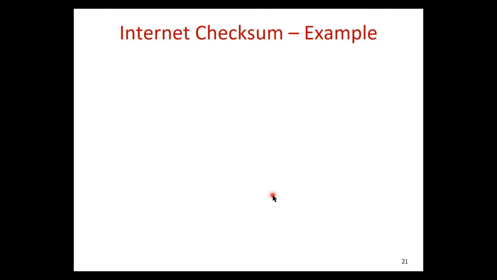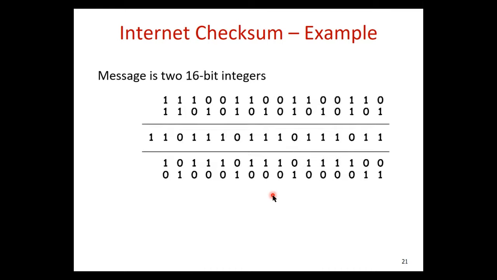Let's look at an example. This is a very simple example where the message is 32 bits. So these are my 32 bits. They are split into two 16-bit integers. I do the addition of the two 16-bit integers. I get this value.